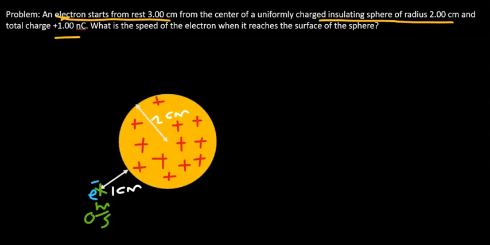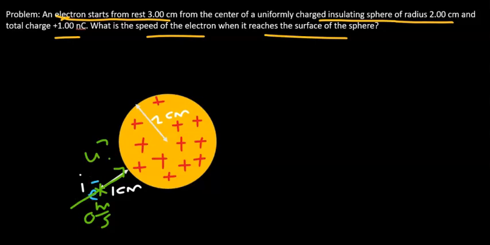We want to determine the speed of the electron when it reaches the surface of the sphere. As the electron goes all the way, and when it gets to the sphere, what is the speed u? This is the uniformly charged insulating sphere of radius 2 cm, and the total charge is 1 nanocoulomb. We can use conservation of mechanical energy to solve this.